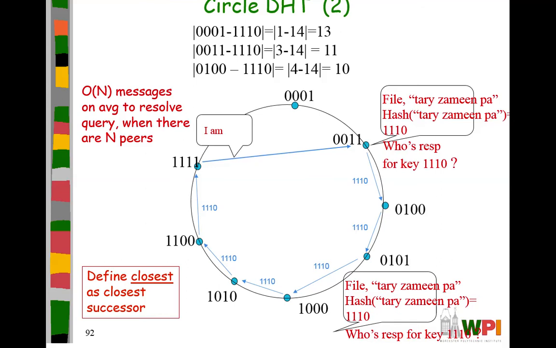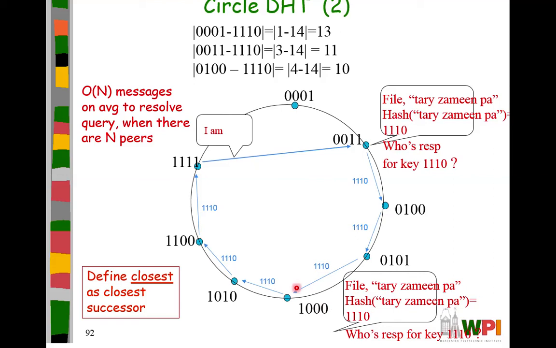Now suppose another pair, this one, wants to download the file Tare Zameen Pe. Again, it will apply the hash function over Tare Zameen Pe. It will again generate the same hash value. We call it consistent hashing. Now again, who is responsible for this key 110?